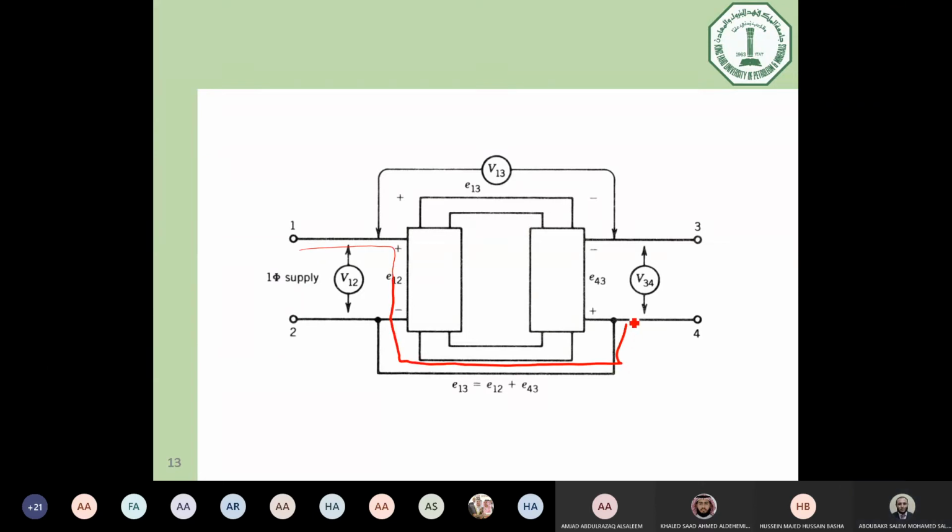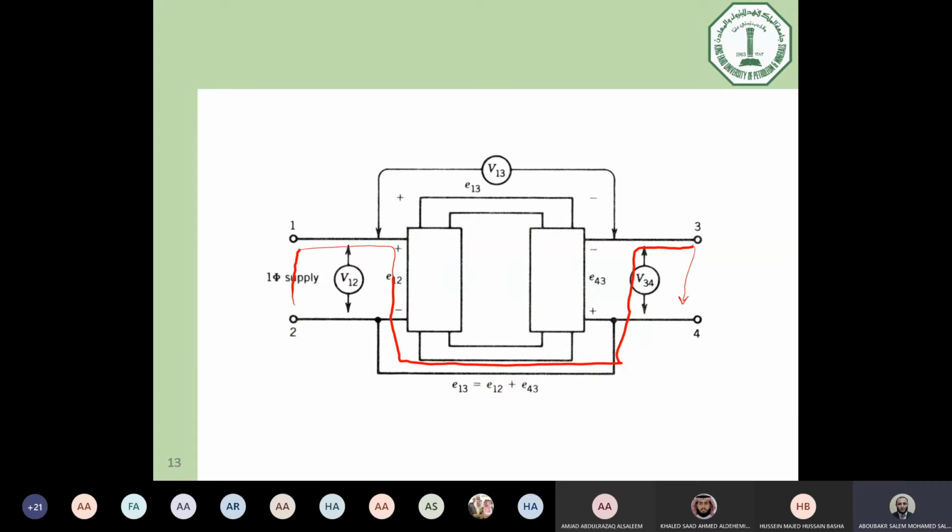Okay. So taking the loop, start from point 2 and return to point 4, where 2 and 4 are the same points now.